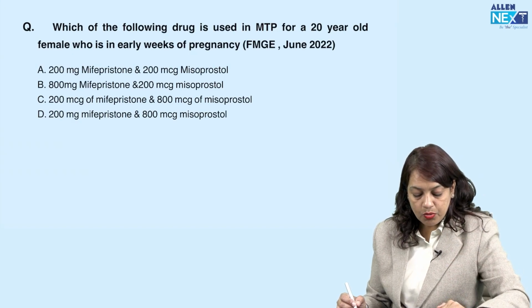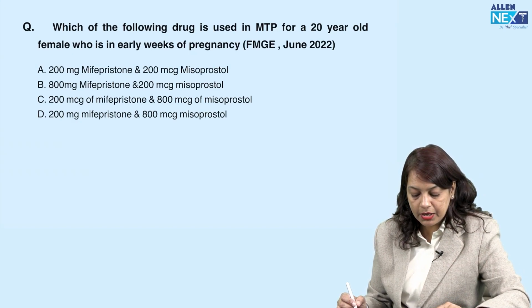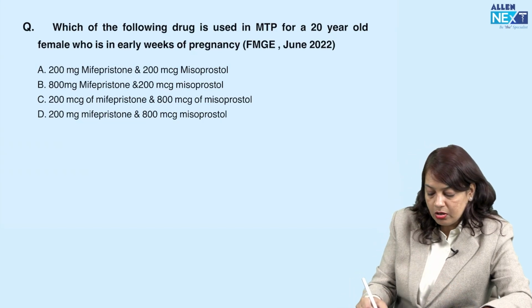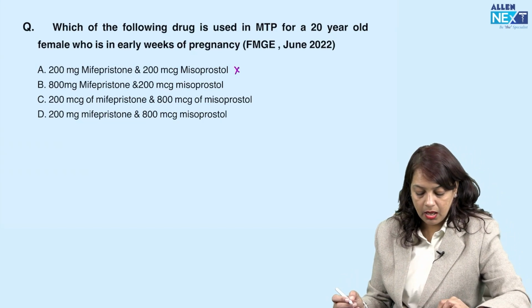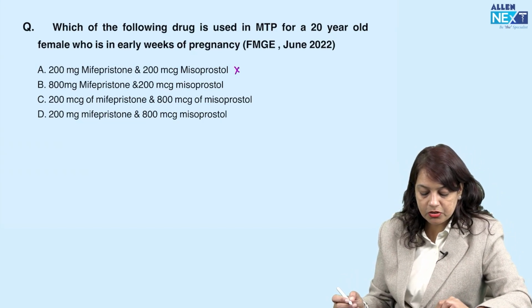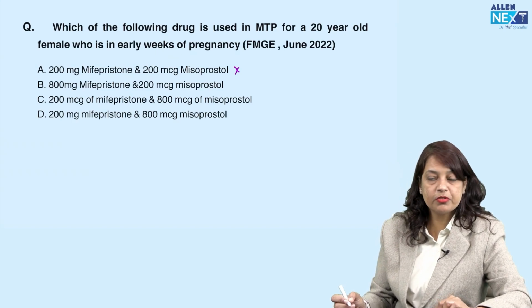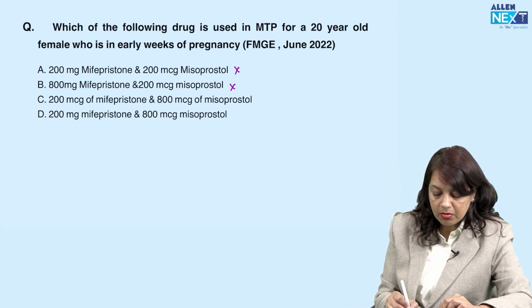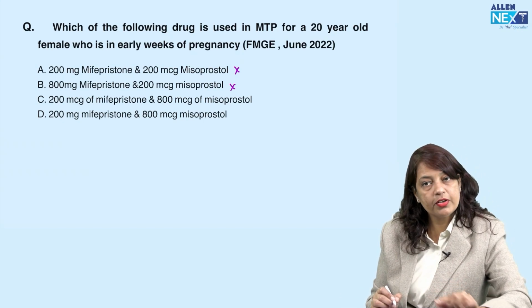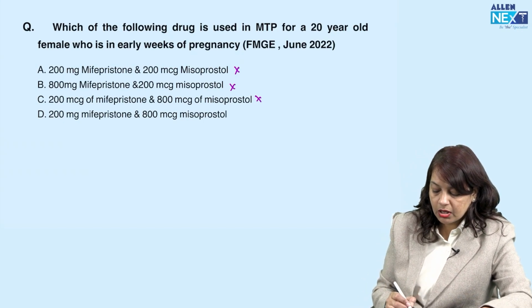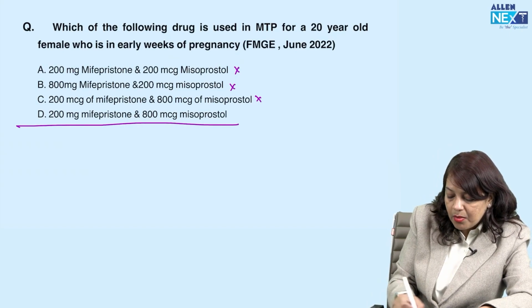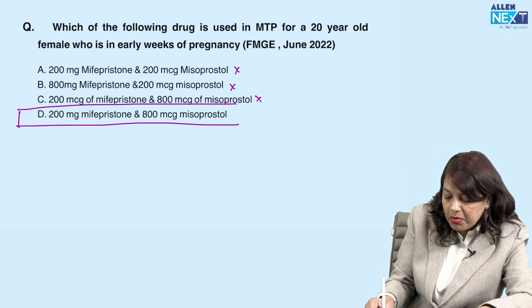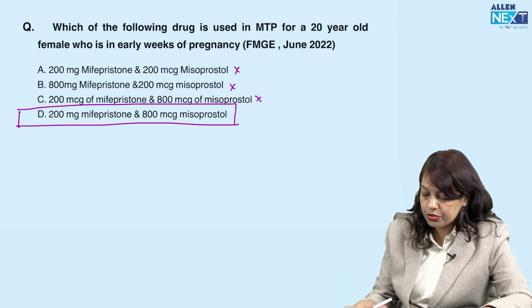Okay. 200 milligram of mifepristone and 200 microgram of misoprostol. 800 milligram of mifepristone and 200 micrograms of misoprostol. Wrong. 200 microgram of mifepristone. Remember, mifepristone is always in milligrams. So the correct answer is 200 milligram of mifepristone and 800 micrograms of misoprostol.